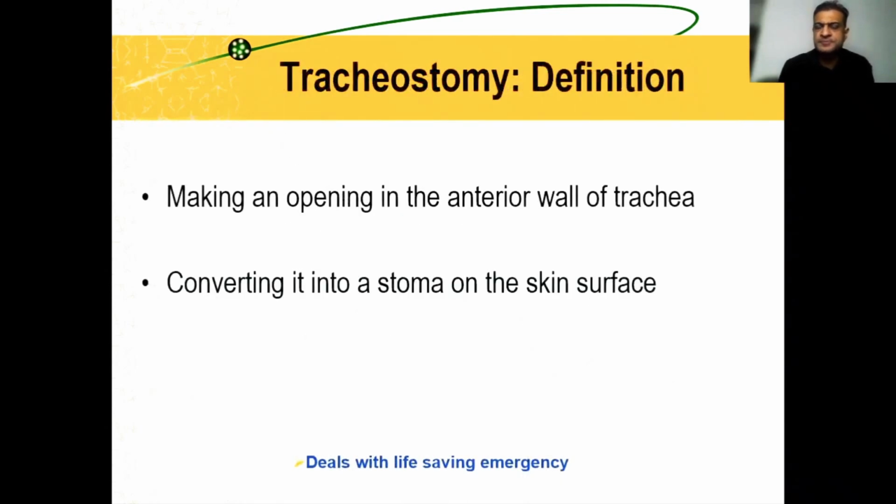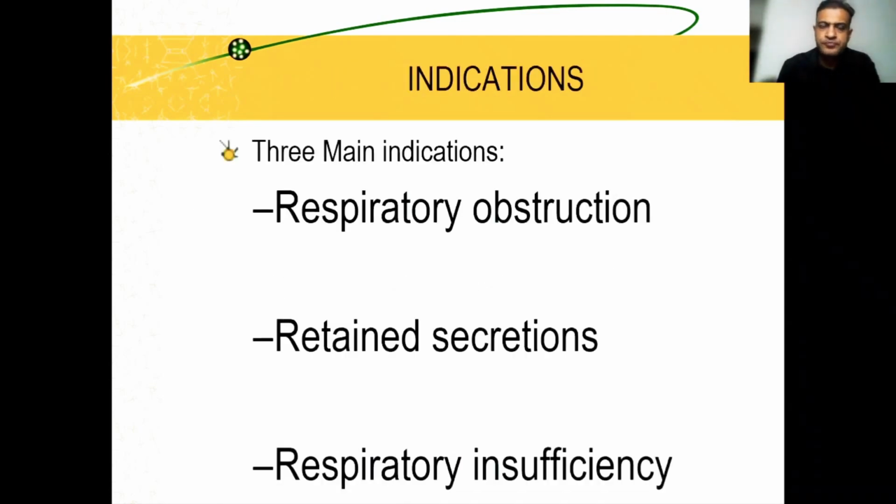Then comes tracheostomy, as the name suggests, tracheo and stomy: making an opening in the anterior wall of the trachea and sometimes even converting it into a stoma on the skin surface. It is a life-saving emergency procedure.